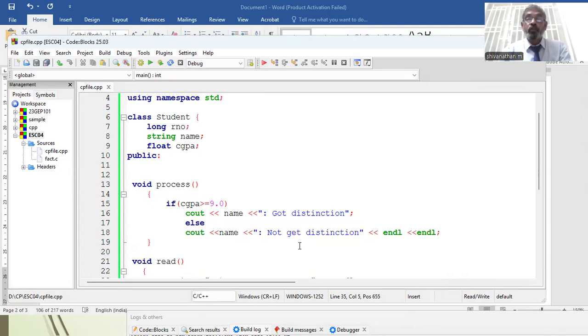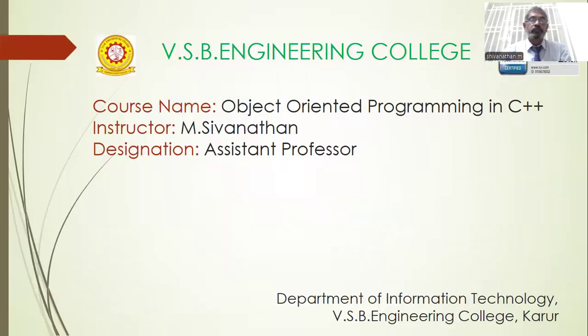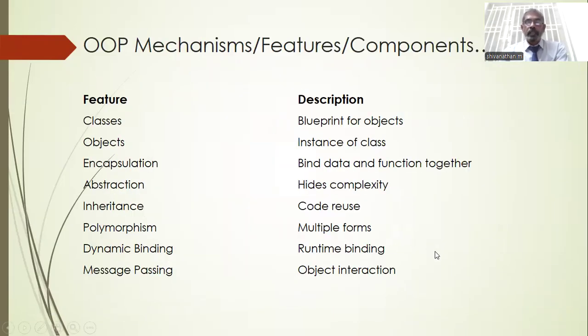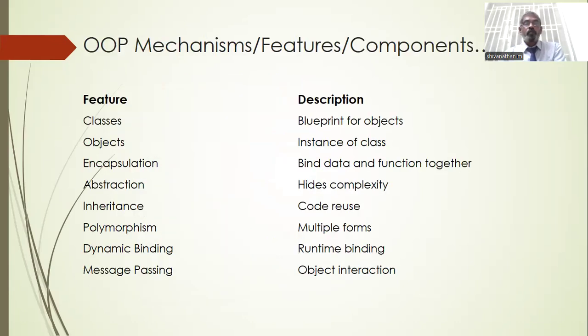Now let us have a quick look at the slides. Object-oriented programming features are different. C++ features are taking different dimensions, different definitions. You forget about it; we have discussed this in our previous video. Now, when it comes to object-oriented mechanisms, these are all the mechanisms: classes, objects, encapsulation, abstraction, inheritance, polymorphism, and all these things.